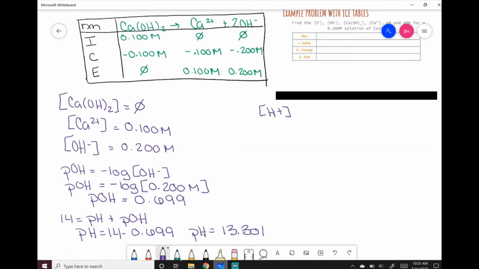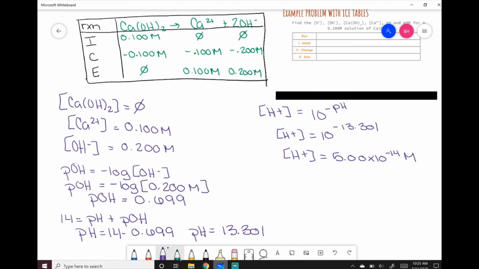From my pH, now I'm going to find the concentration of my proton, and that's equal to 10 to the negative pH. So the concentration of my proton is going to be 10 to the negative 13.301. And so I get the concentration of my proton, or my hydrogen ion, to be 5.00 times 10 to the negative 14th molar.